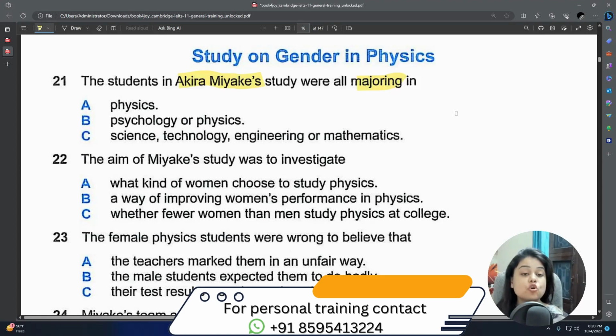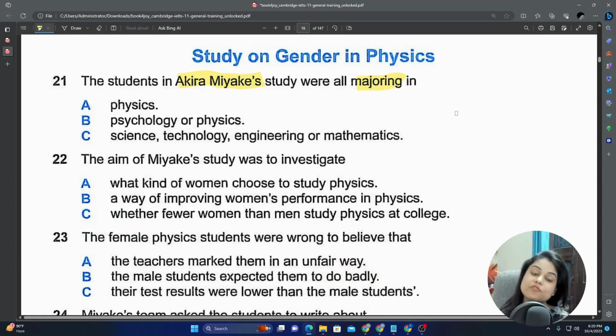Underline the keywords, come up with appropriate synonyms of that, and try to understand what the conversation is all about. Once you get to know that they are talking about this topic, and once you are involved in the conversation, it will be very easy for you to answer all the questions. Let's solve these questions.